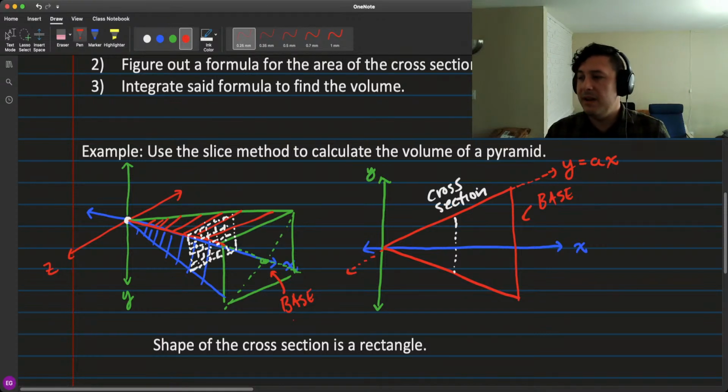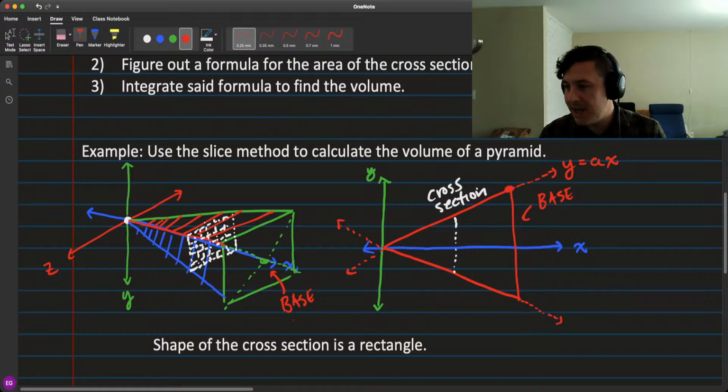Okay, so if the slope is a for that one, what's the slope of this one going to be? Let's think about it. If the slope is a, what's this point literally right here?